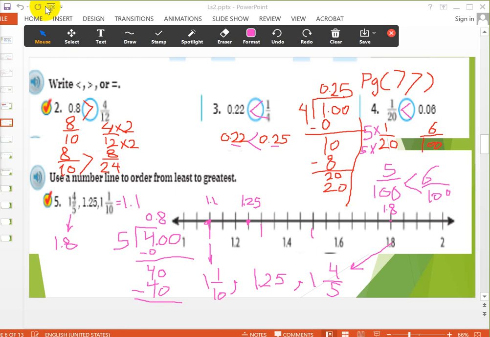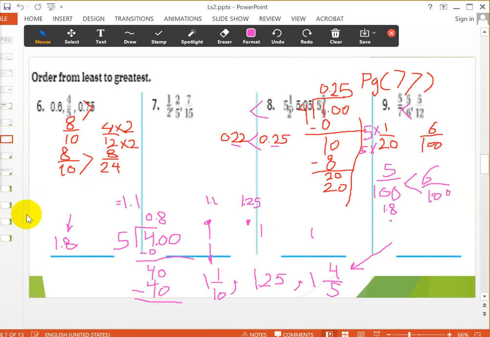Good. Okay, girls. We will solve number 6. Let's move to solve number 6. Now I want to order from least to greatest.